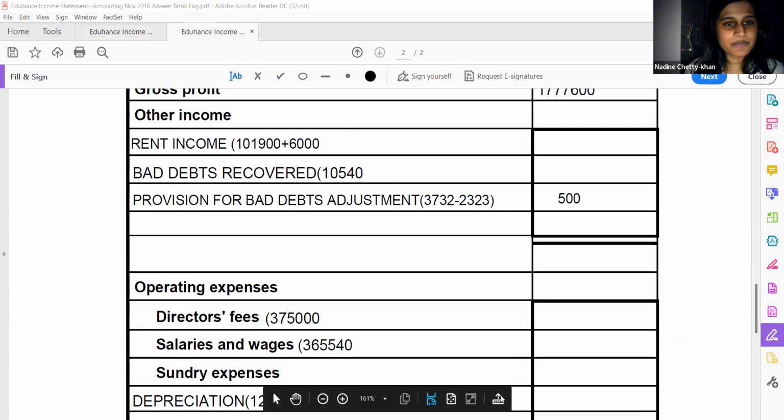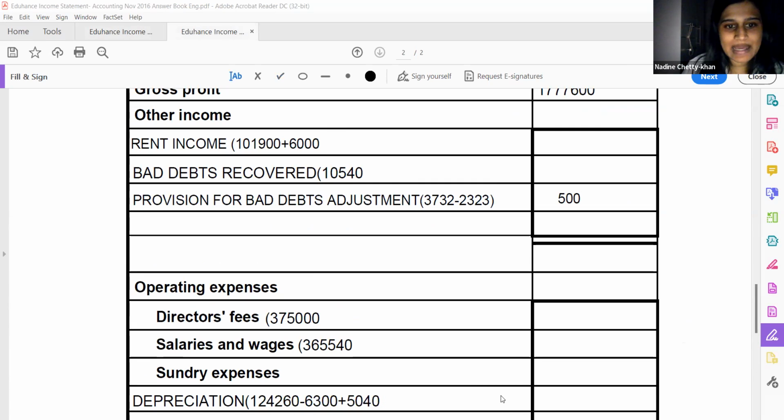So basically, you take your calculator, you say 101,900 plus the 6,000. You'll get a total income of 107,900. Just adding those two numbers together. But that is for how many months? 13 months. 12 months of the current year plus July of next year. So that's rental income for 13 months.